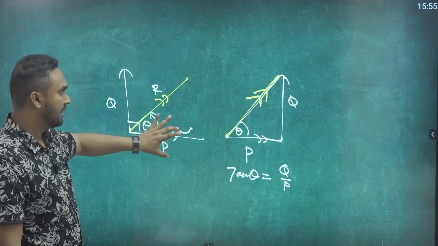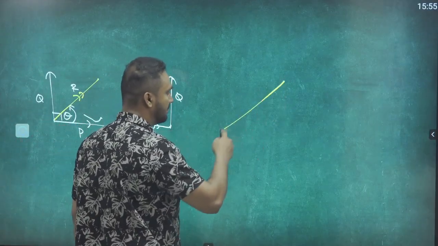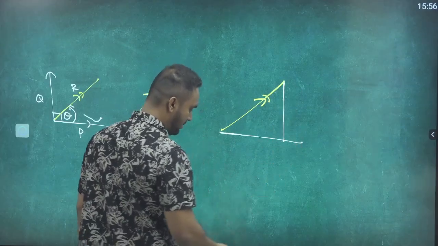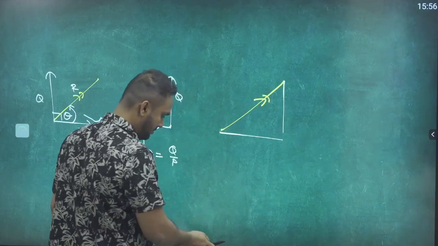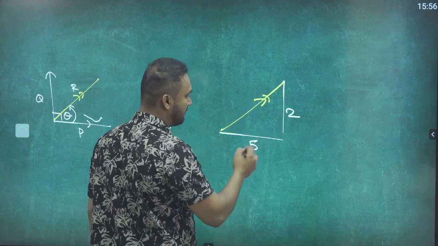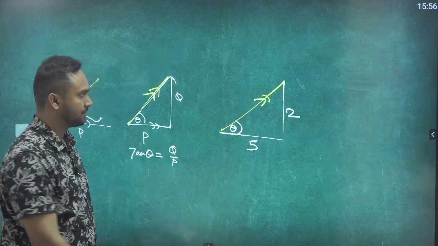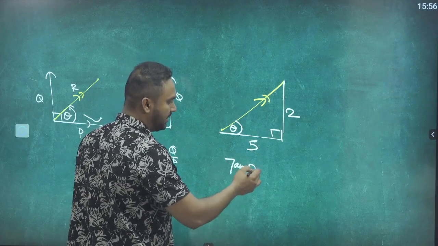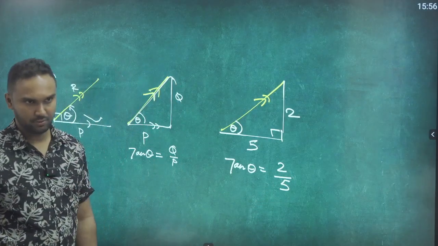Now let's think that there were some values here, like this one is 2 and this one is 5. Now we want to find tan theta. How do we find tan theta? Tan theta equals 2 over 5.